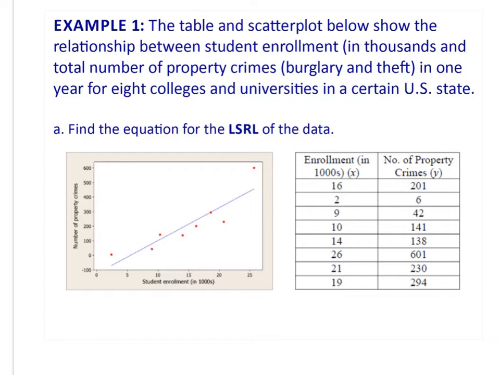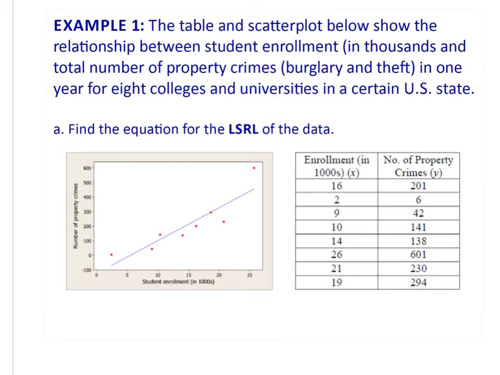So what I have is a table with the enrollment, so how many thousands of students, so this is 16,000 students, 2,000 students, 9,000, and then the number of crimes that happen per year on campus. For the 16,000 person school, there were 201 crimes. For the 2,000 person school, there were only 6 crimes.